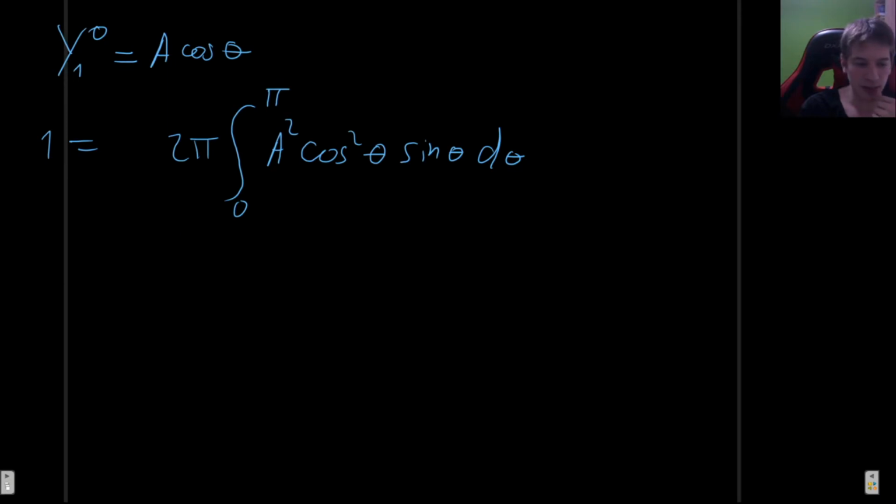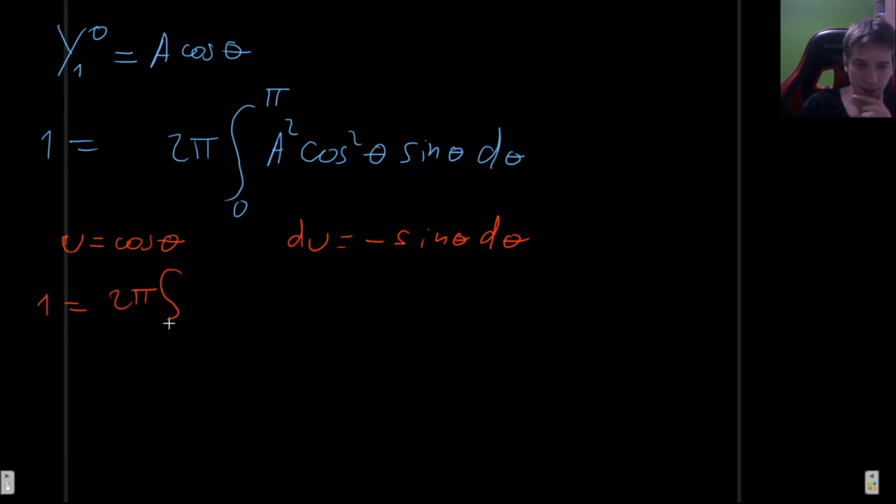So it might be logical to say, okay, let's try u equals cosine of theta, and du in that case is just going to be minus sine theta d theta. So we can now plug this in here. So we get 1 equals 2 pi times the integral. Well, what are the new limits of the integral? If theta is 0, u will be 1. And if theta is pi, u will be minus 1.